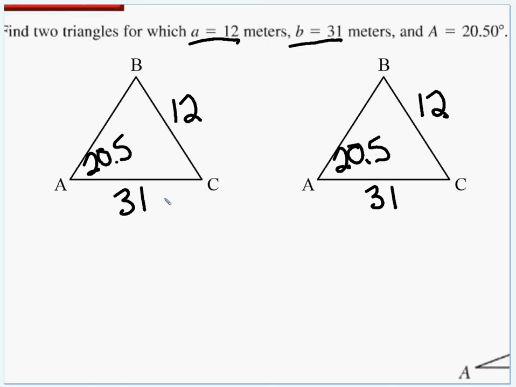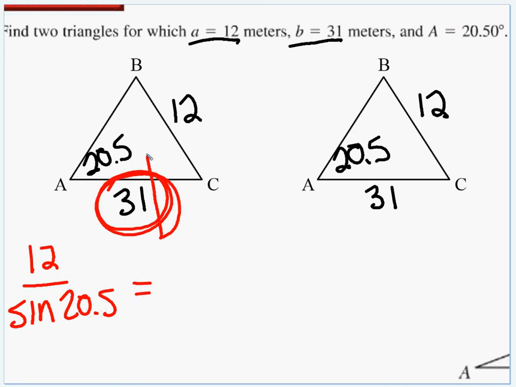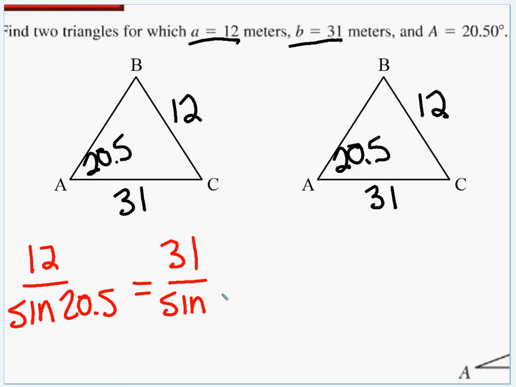Okay, we're going to start, of course, on the triangle on the left, and let's set up our Law of Sines. We have 12, and we have the angle across. So that's going to be 12 over the sine of 20.5. And that is equal to, the other side we have is 31, and that's across from unknown angle B. So 31 over the sine of angle B. Of course, we're going to cross multiply and divide.